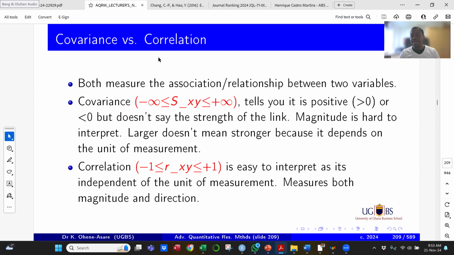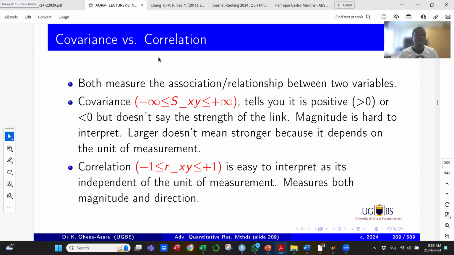They all measure relationship, they all measure nexus, they all measure association. Covariance, the range is between negative infinity and positive infinity. Correlation, the range is between -1 and +1.